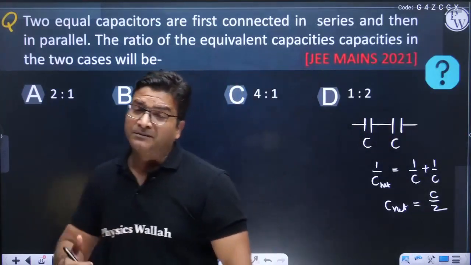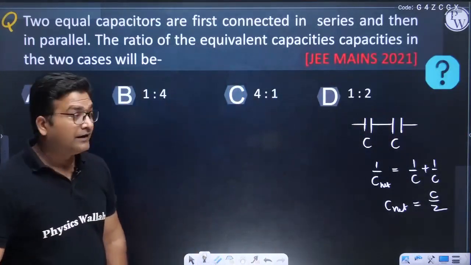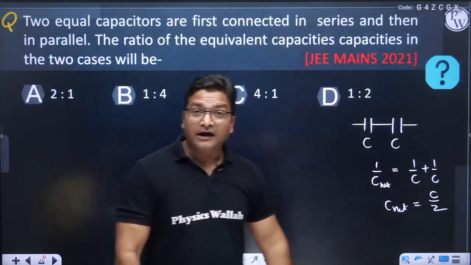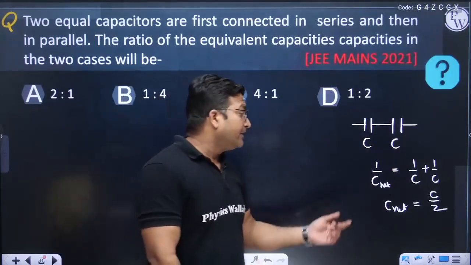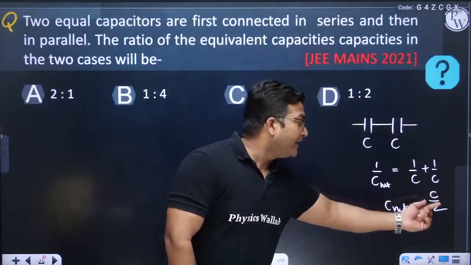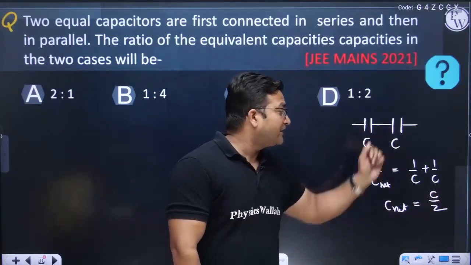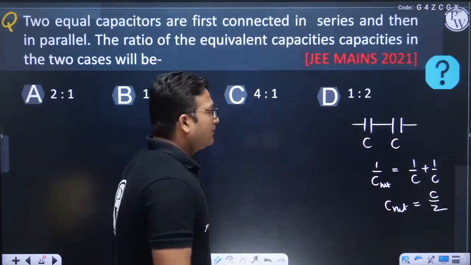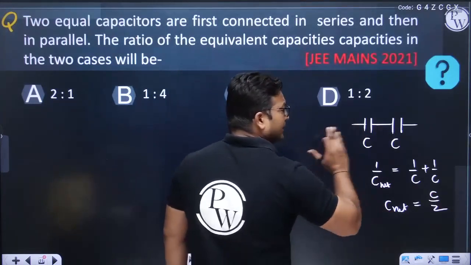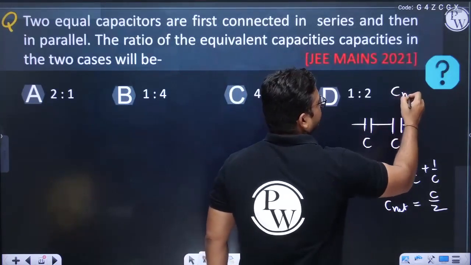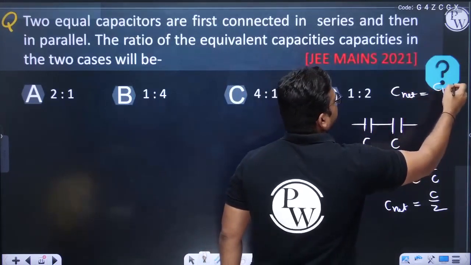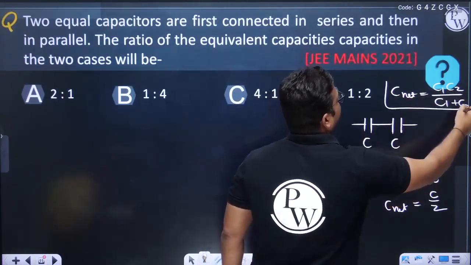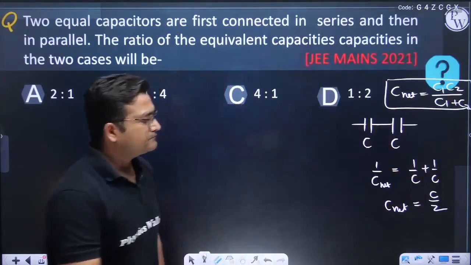You should remember this point also, that if n identical capacitors are connected in series, then the net capacitance would be C by n. For only two capacitors, C net is also written as C1 C2 divided by C1 plus C2. So remember this point.